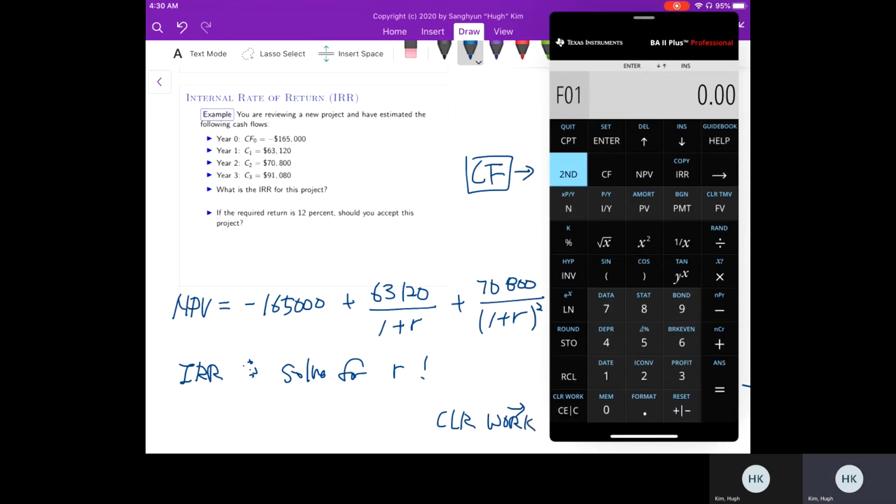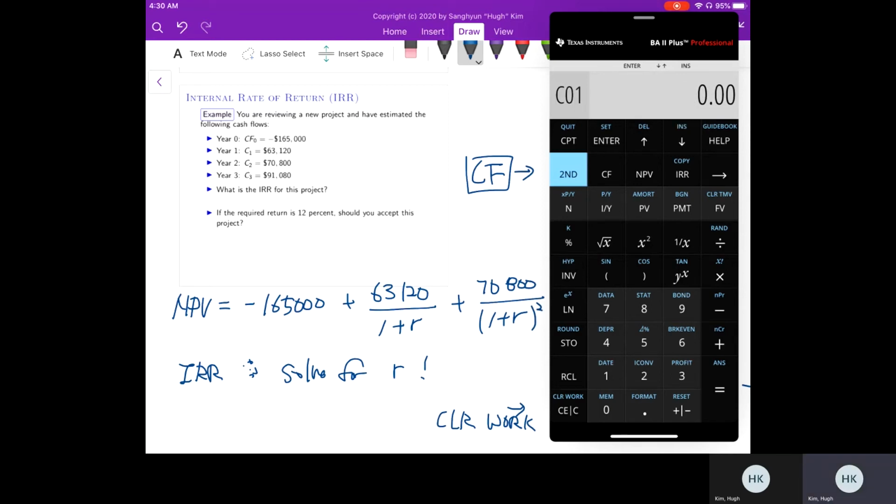Then there's nothing here. Then we can input the numbers. So CF0 is the initial cost, so 165,000 negative, and press enter.